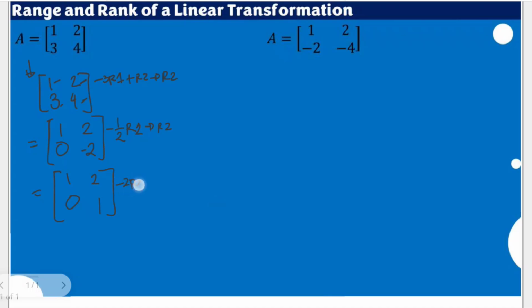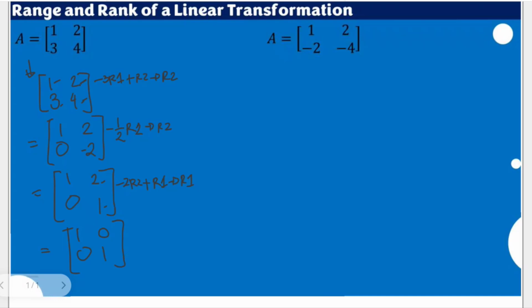Negative 2 of row 2 plus row 1 for the new row 1. Hence, we'll have here 1, 0, and 1. Then negative 2 times 1 is negative 2 plus 2 is 0. This is now the reduced row echelon form of our first matrix A.